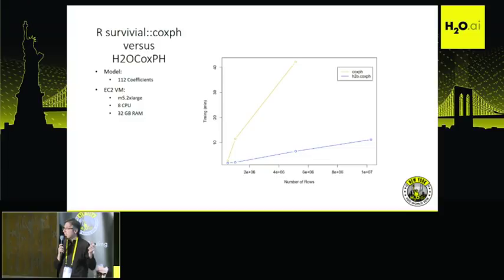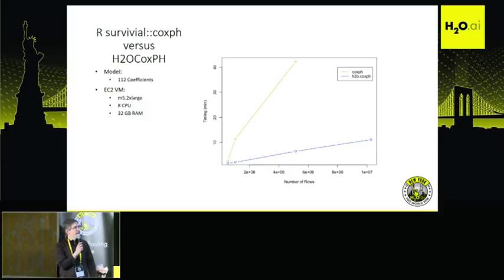So I'm comparing here, the orange line represents how Cox-PH behaves as the data set grows relative to H2O. And here I'm just looking at it on a modest sized machine in AWS using H2O. And you can see here that you have a nice linear behavior as the number of rows grows over time. The amount of time it takes to analyze goes along with it.